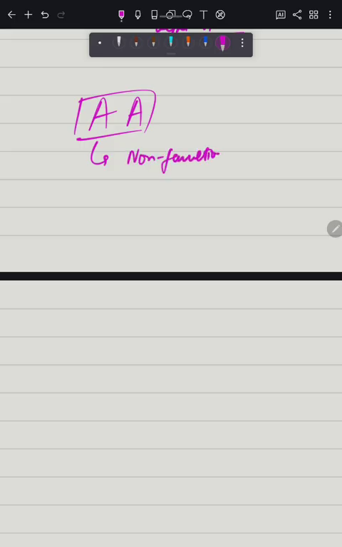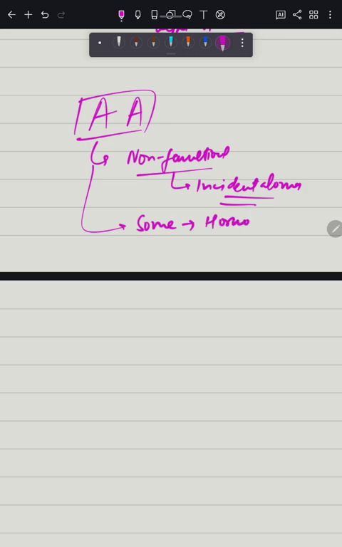Now let us describe this adrenal adenoma a bit. You see, most adrenal adenomas are non-functional. That's why they are called incidentalomas. But some secrete hormones that determine the syndrome it causes.